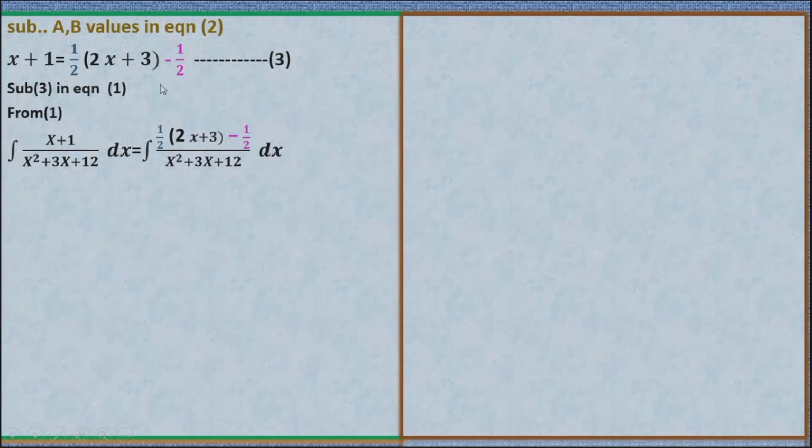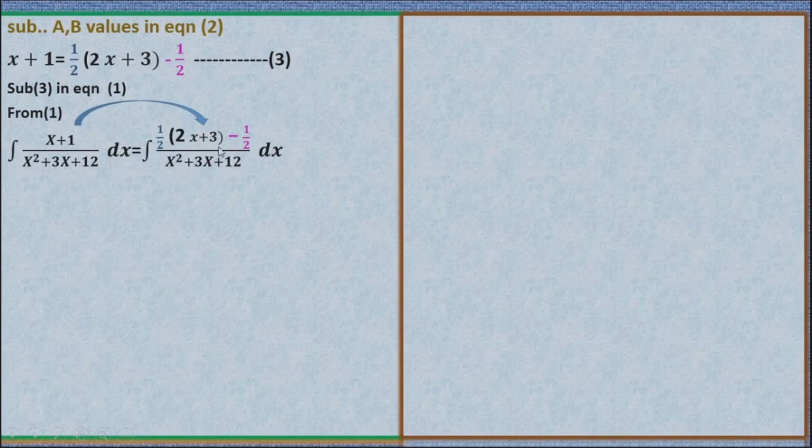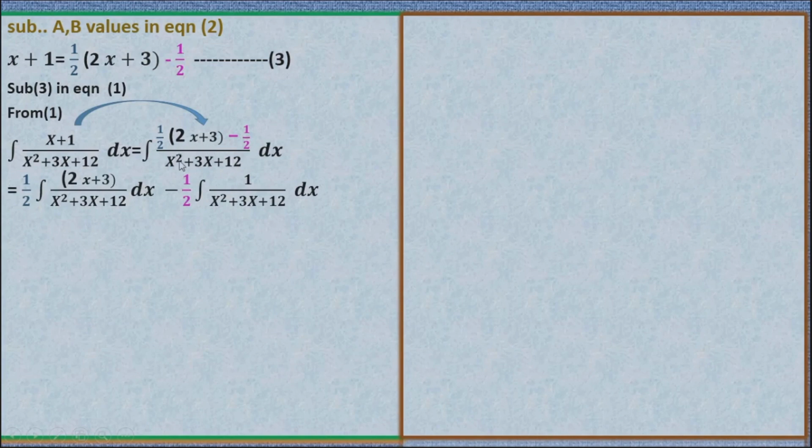I am replacing the numerator with this. Now I am separating the terms. So it becomes 1 by 2 into integration of 2x plus 3 by x square plus 3x plus 12 minus 1 by 2 into integration of 1 by x square plus 3x plus 12 into dx. So I separated the terms with the denominator.